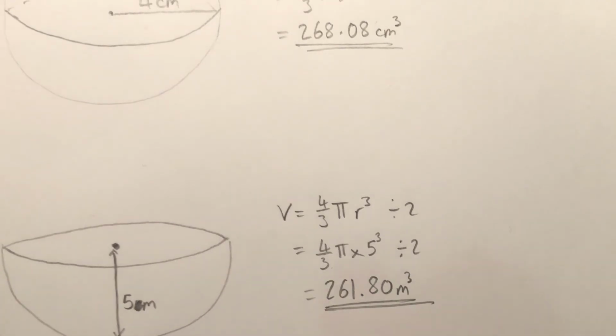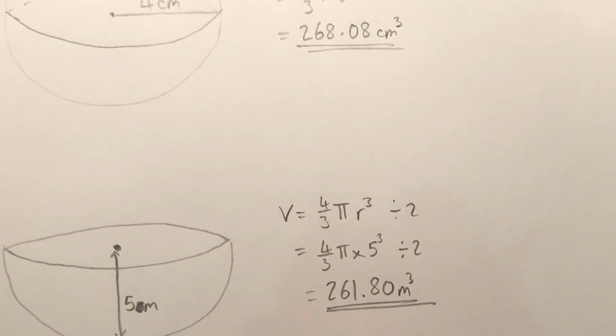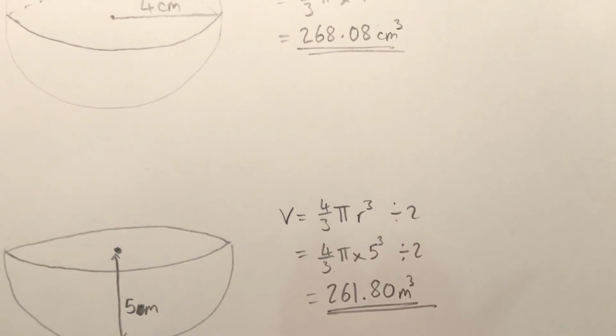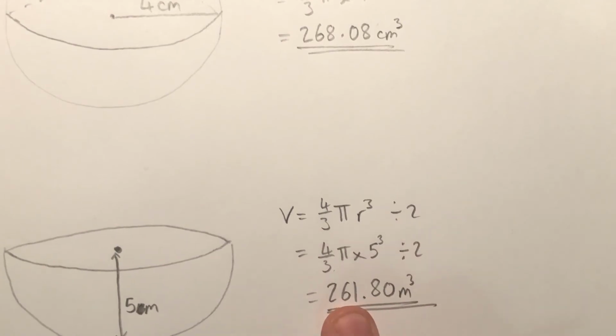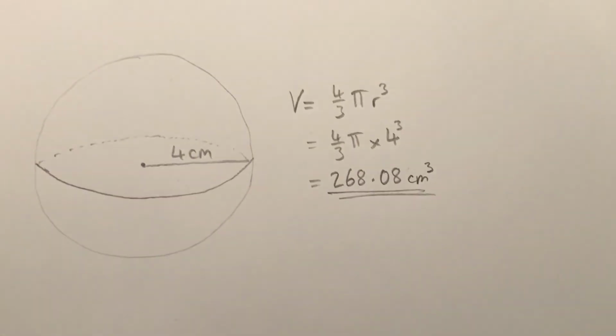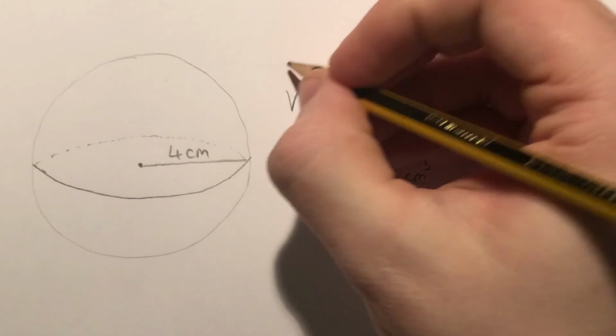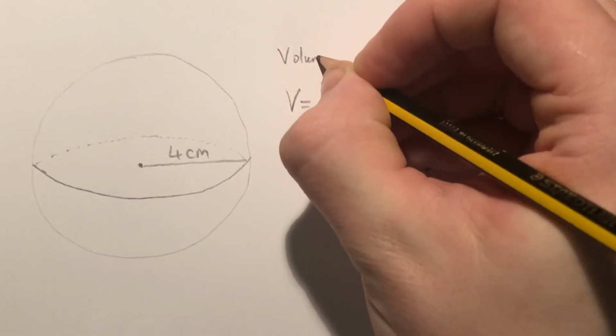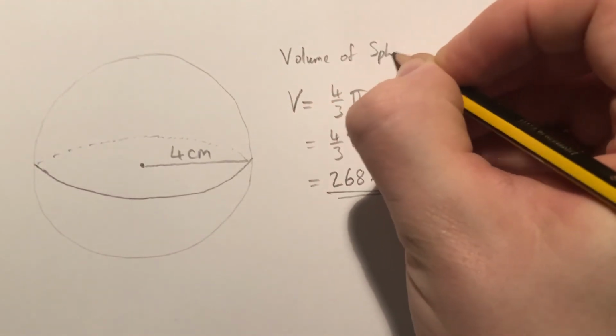Again, make sure you're stating the formula at the beginning. Make sure you're putting your numbers in nice and clearly. Make sure you're giving your answer rounded off correctly with the correct units. In all fairness, one of the things I should point out is you should always be stating volume of sphere somewhere, okay?